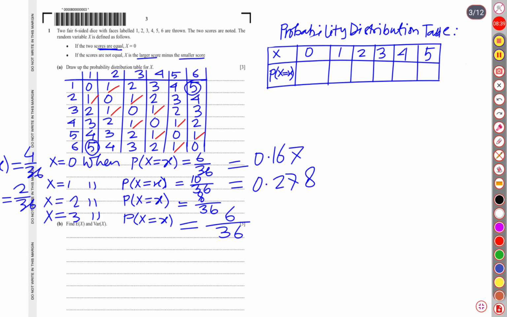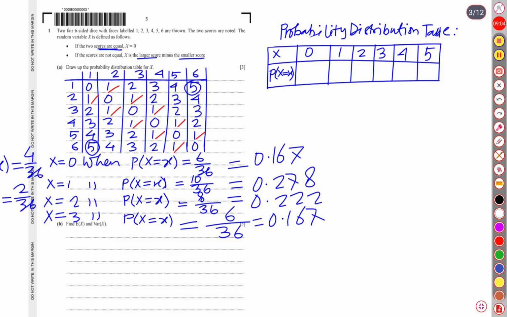If we divide 8 by 36, it is going to be 0.222. Then if we divide 6 by 36, it is going to be 0.167.